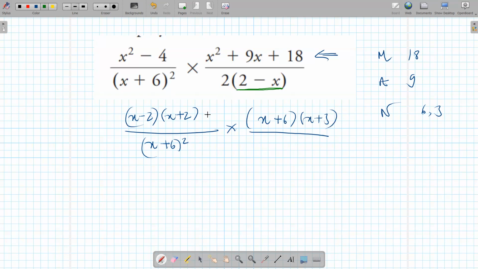2 minus x and x minus 2 are kind of related. We can change one into the other. What's a little trick? You put the negative sign in the front. Yep, so it's going to be 2 times negative 1, or negative 2 times x minus 2. Right, like that?